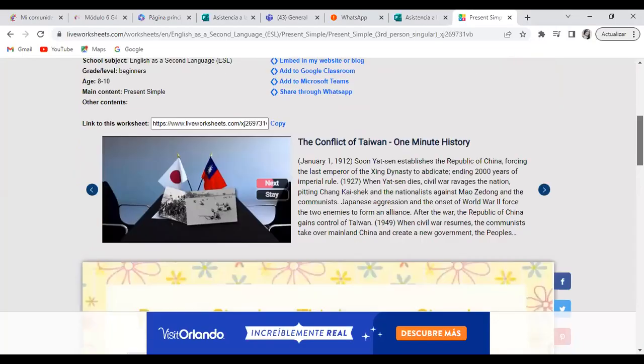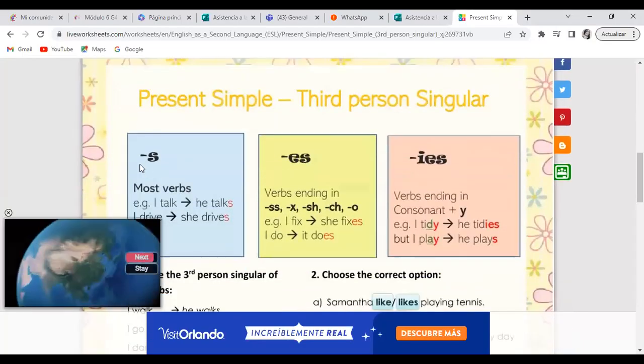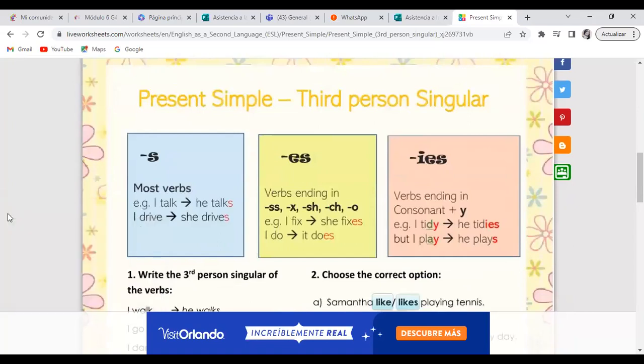This is the exercise. The conjugation of verbs in the third person of singular. Why is this important, guys, in this module? This is important because remember that when you describe one of your classmates in the class, in the forum, you are going to use the third person of singular.